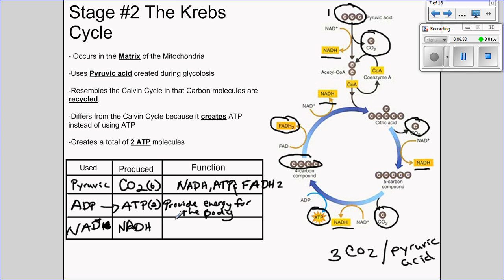And what that does is that it is basically sent to the electron transport chain. So your NADH is sent to your electron transport chain. The ATP is used for energy in the body, and your CO2 is then released to the atmosphere as a result of exhaling through your lungs.